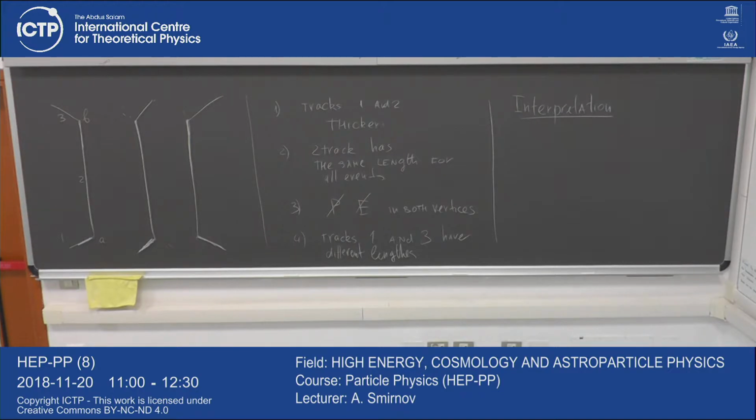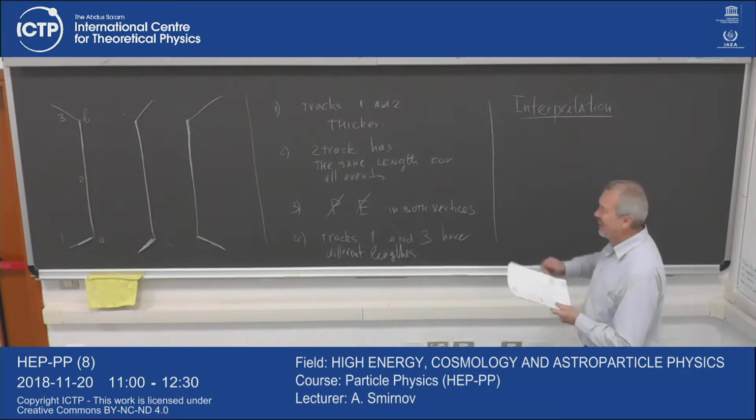Maybe something is carried from A to B. Maybe some particle propagates from point A to point B, which then interacts at point B, because there are two points of interaction. Okay, so should I help? Or should I give it as homework?